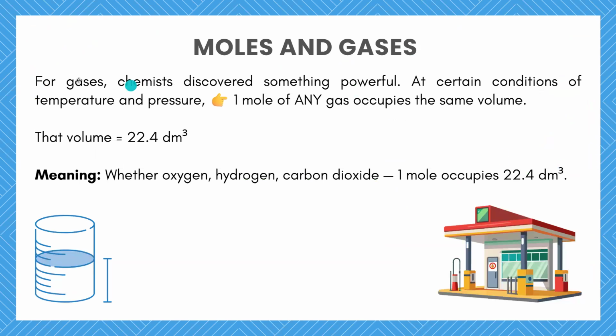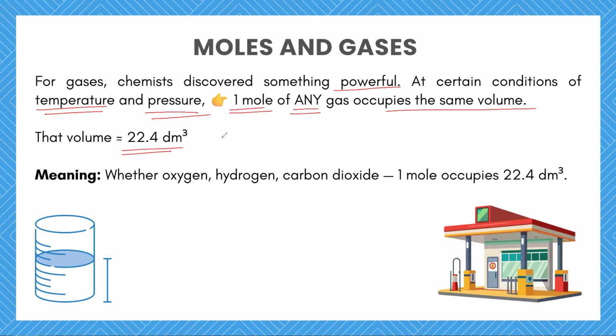So first things first, as far as gases are concerned in chemistry, something powerful was discovered. And what's that powerful thing that was discovered? At certain conditions of temperature and pressure, 1 mole of any gas occupies the same volume. That volume is 22.4 dm³.